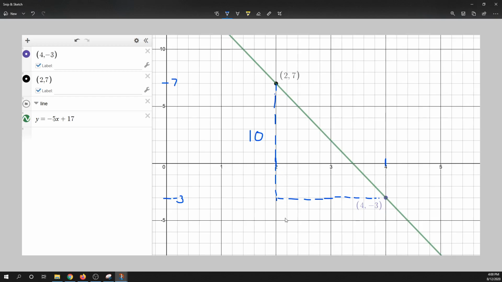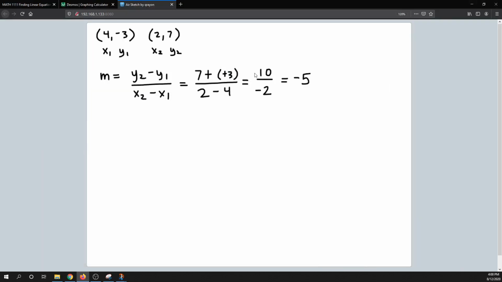And the way we had our points labeled, we did 2 minus 4, right? Which is minus 2. Okay? So we calculated that to be minus 2 in here. That's by the way that we labeled the points, right? And then we divided these two sides together and got 10 divided by minus 2, right? That's how our calculation went over here.